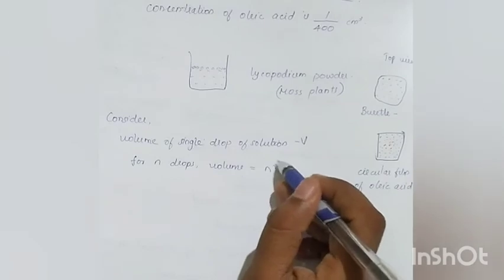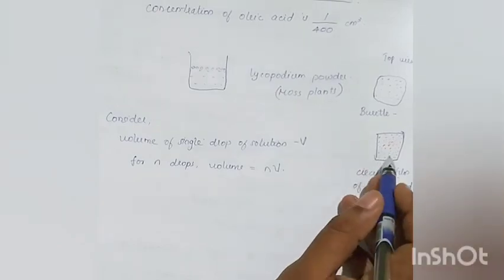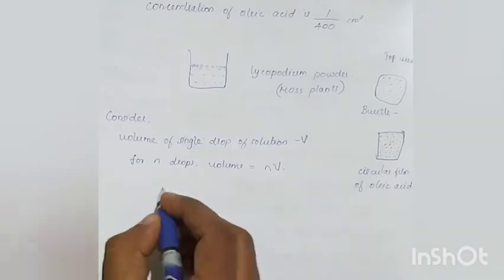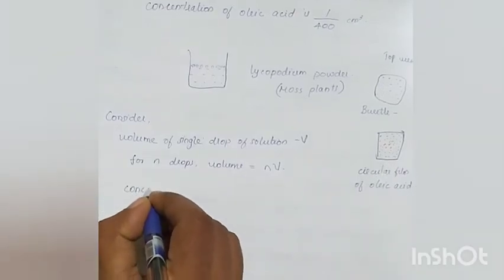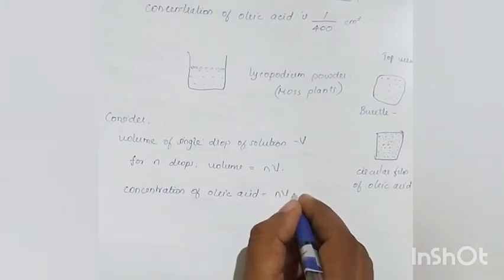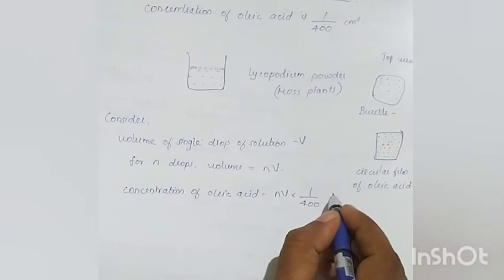Now, in this nV volume of the solution, how much is oleic acid present? We know that it is an alcohol and oleic acid solution, a diluted oleic solution. So the concentration of oleic acid will be nV into 1 by 400 centimeter cube.